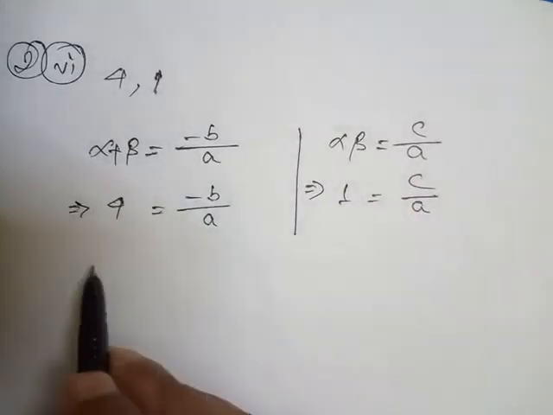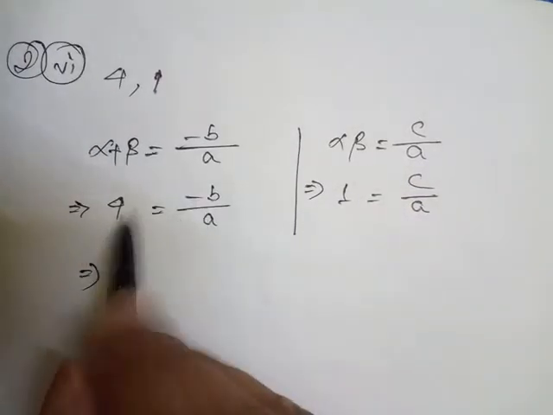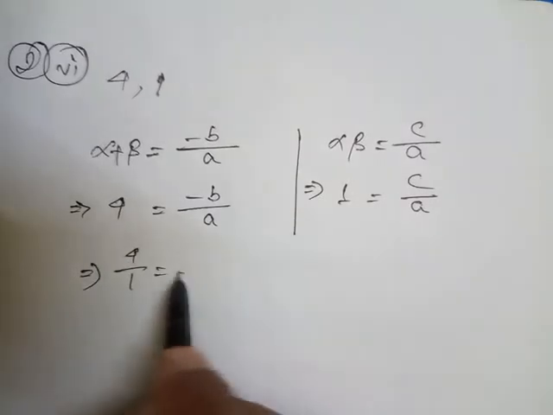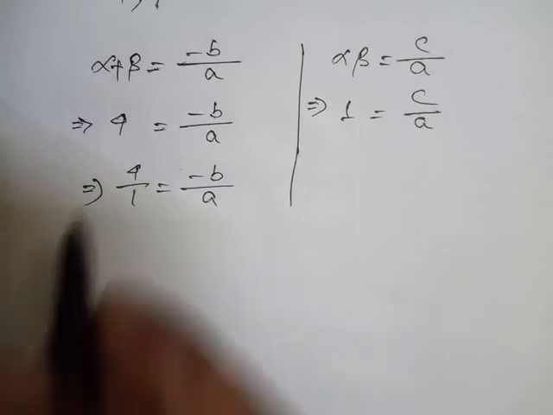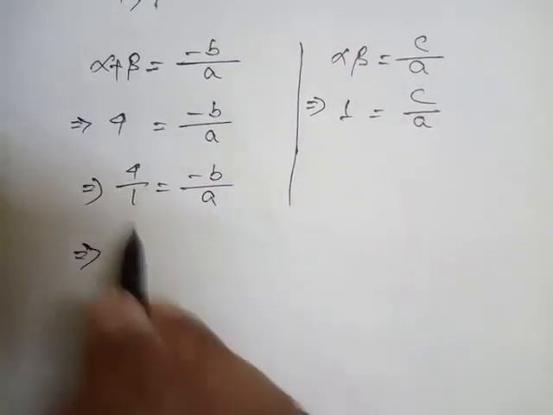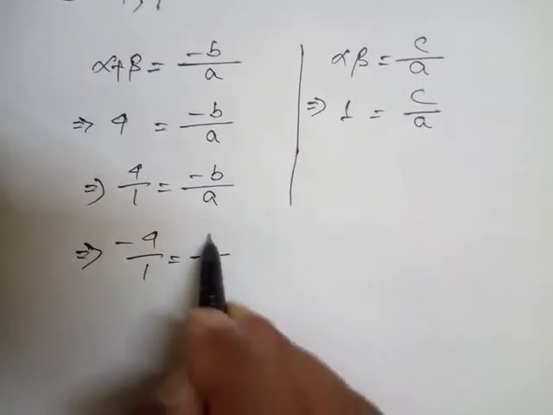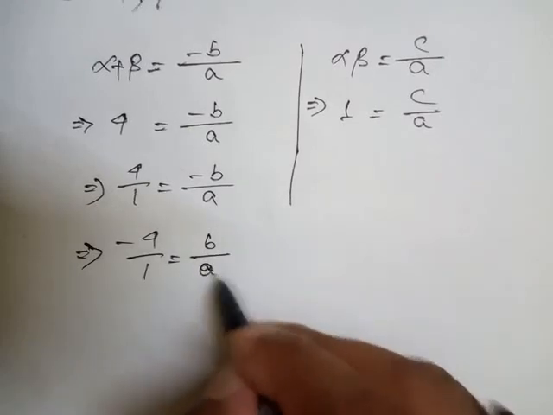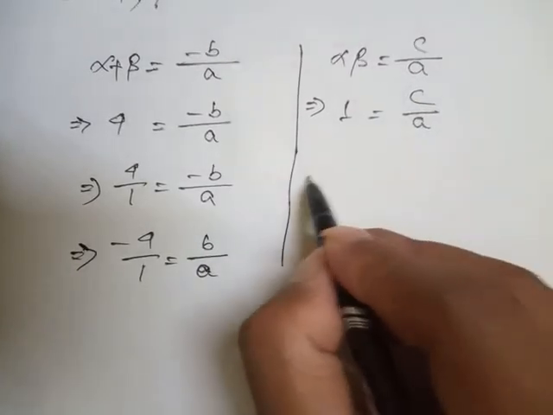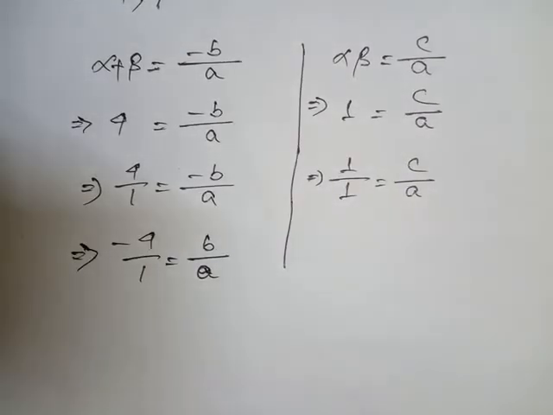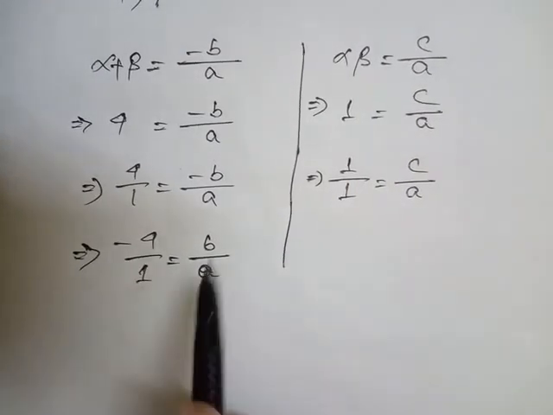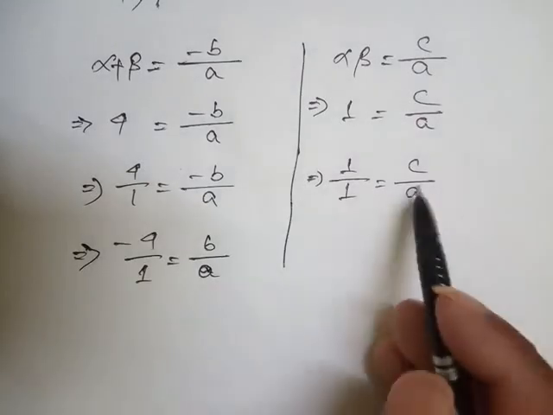Now look, there is minus b and there is 4, so we can write 4 by 1 equal to minus b by a here. And in the next step, if I take minus on that side, minus 4 by 1 equals b by a here, and there is c. So next we can write 1 by 1 equal to c by a. Now look here, after that a is 1, b is minus 4, c is 1.